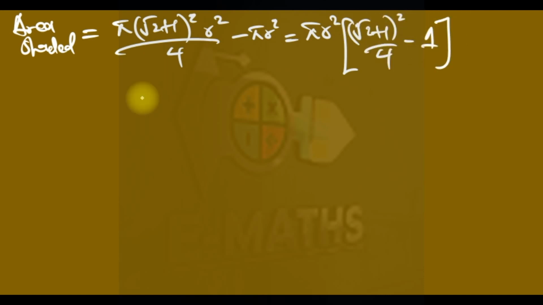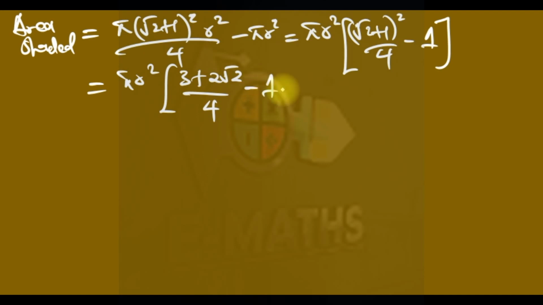So we can factor pi r squared, and we have root 2 plus 1 squared over 4 minus 1, which is the same as pi r squared times 3 plus 2 root 2 over 4 minus 1, which is pi r squared.